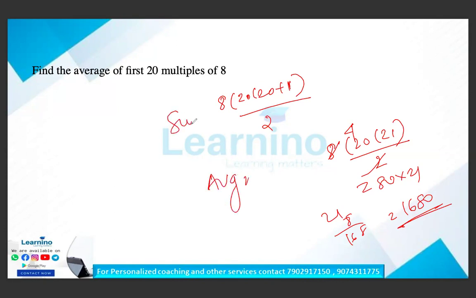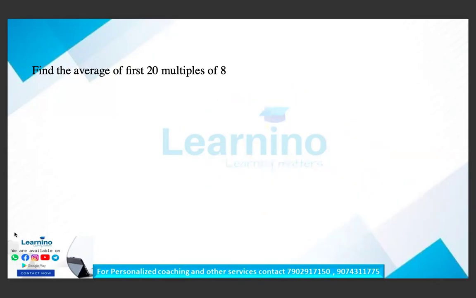This is the sum. Average will be 1680 divided by 20. We will get 84 as the answer of this question.